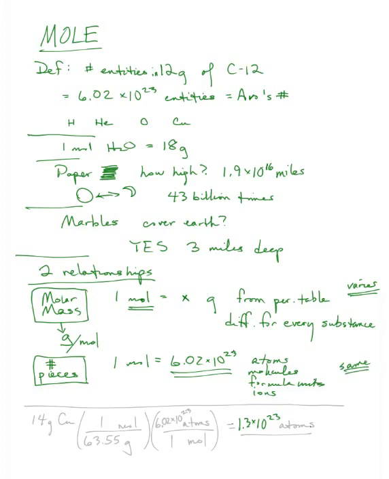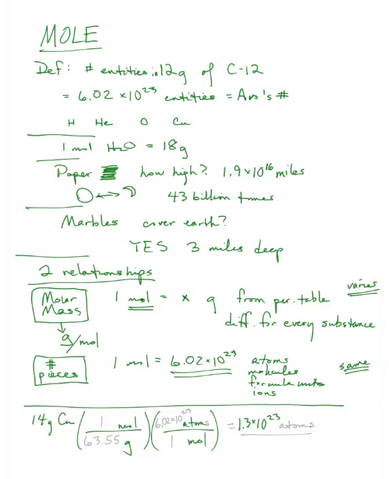So a simple example of using this: if we had 14 grams of copper and we wanted to find out how many atoms are in it, I'm going to use 2 conversion factors because I have these 2 relationships. I'm going to go from grams to moles, and then from moles to atoms. How many grams are in a mole?